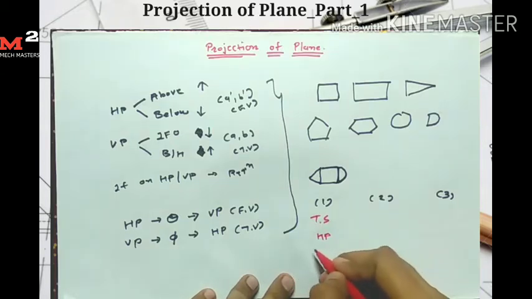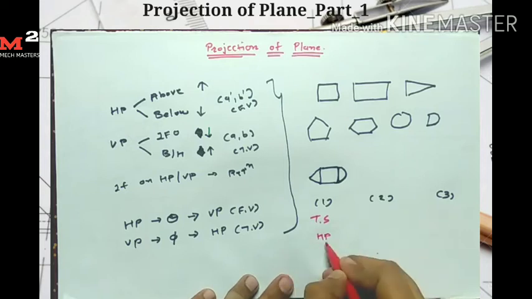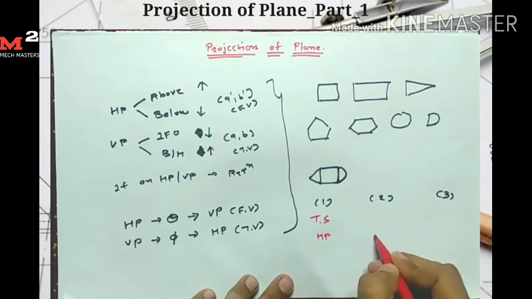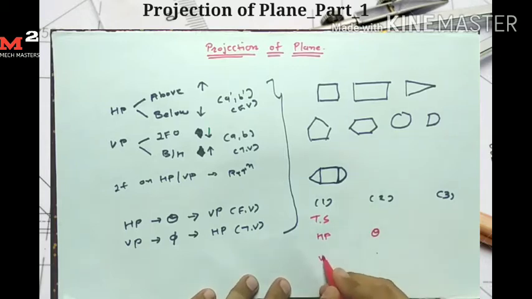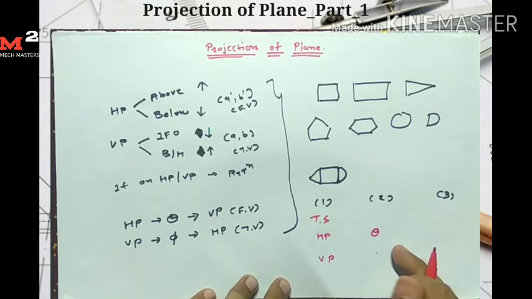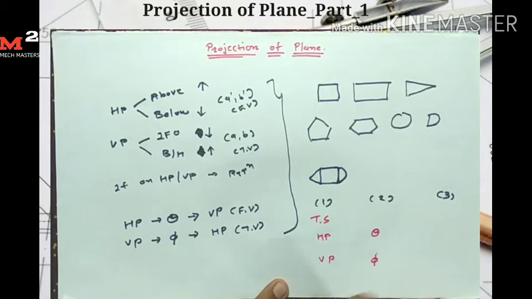For example, if the plane is resting on HP, in the second stage we draw the views when the plane is inclined to the horizontal plane, meaning it makes an angle theta with the horizontal plane. If the plane is resting on the vertical plane, then in the second stage we draw the views when this plane makes an angle phi with the vertical plane.